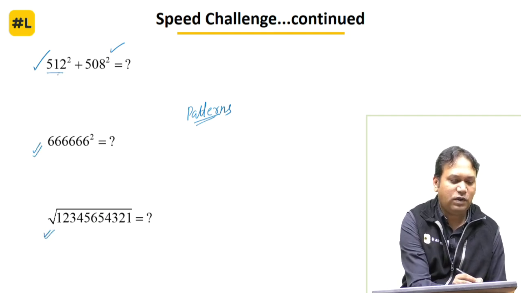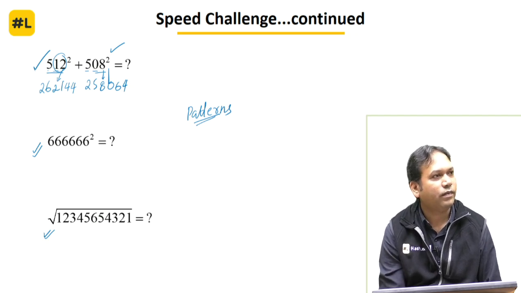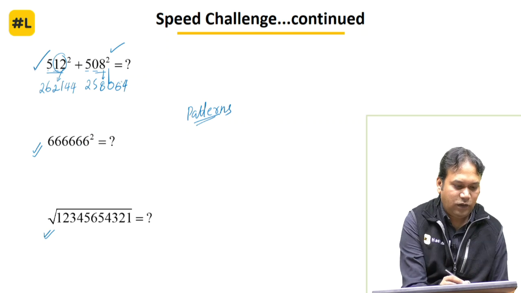First, let us work out 512 square. 25 plus 1, 2, 12 square. 25 plus 0, 8 and 0, 8 square. And so you can calculate here.